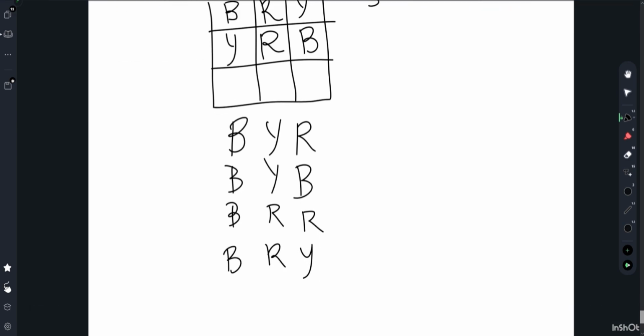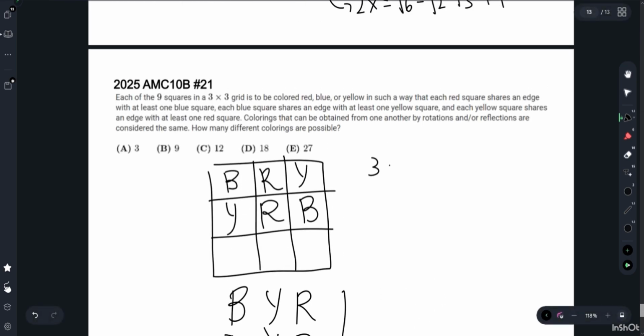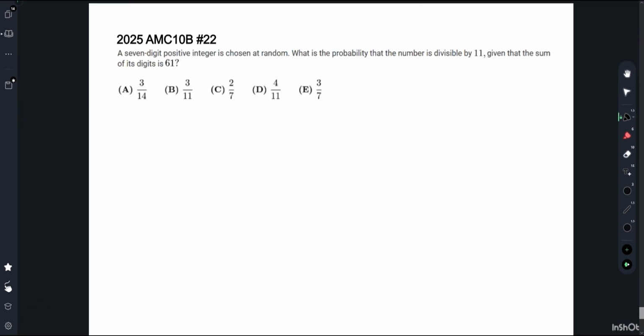So these are the 4 ways that we can fill in the lower row that are distinct from each other through rotation and reflection. So there are 4 ways to do this, and since there are 3 ways to choose the center square, this is 12 ways in total. So C.